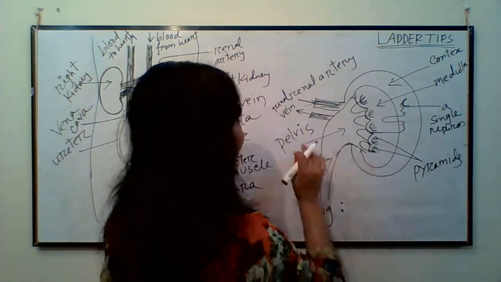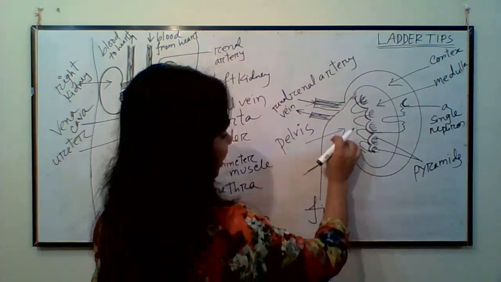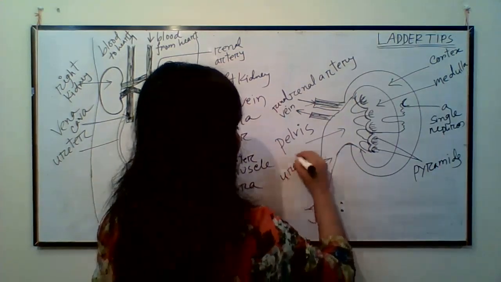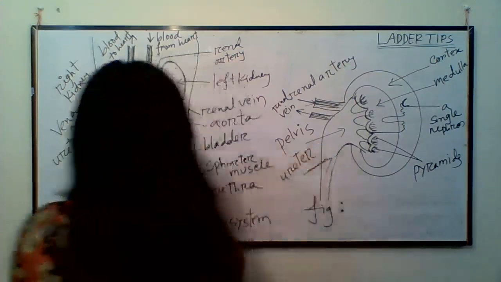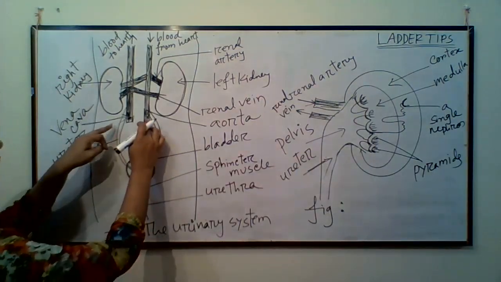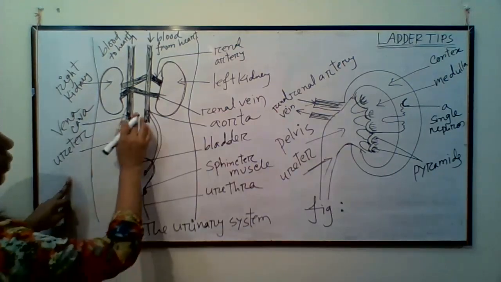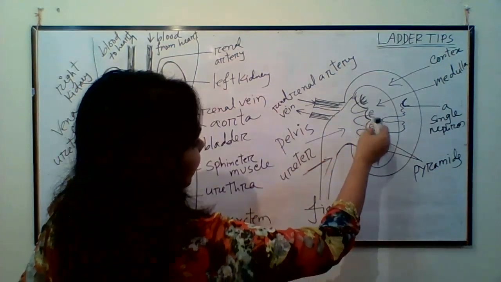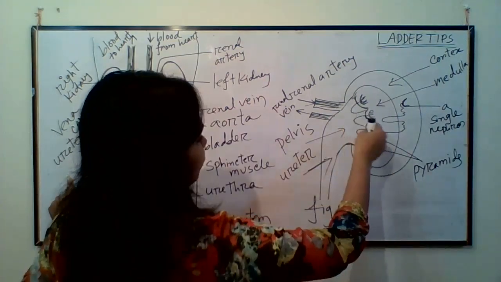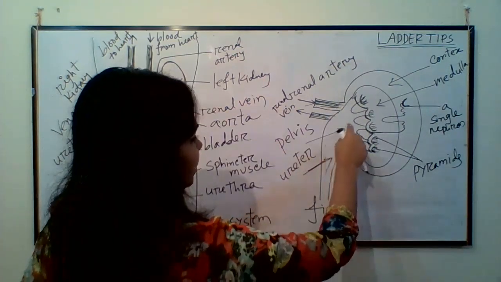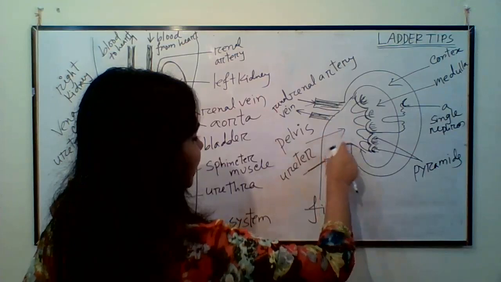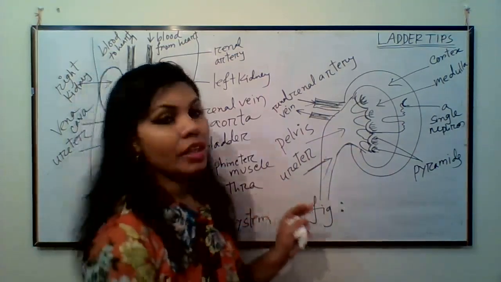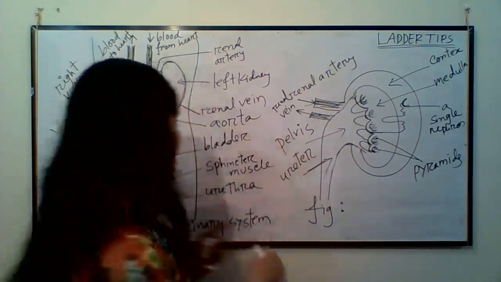The pelvis just connects with the ureter. You have already seen there are two tubes, these are called ureter. So the pyramid, or the single nephron, empties the urine in the pelvis, which connects to the ureter, and at last through the ureter the urine is stored in the bladder.